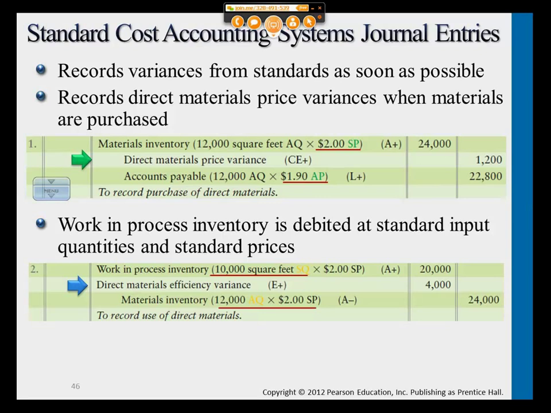They have 10,000 square feet of the standard quantity, and they multiply it by $2, the standard price. As we said, it's debited at standard input quantities and standard prices. These are things you might want to memorize for a standard cost accounting system. Look where we're using the standard prices here. So we debited it at 20,000.